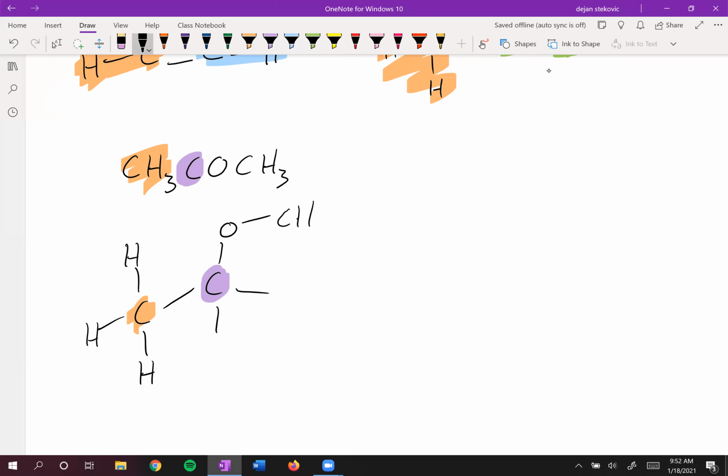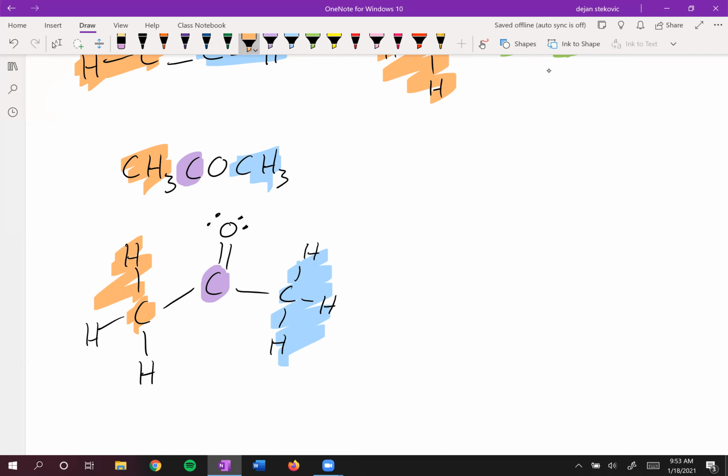But if you try to put this CH3 here, you're not going to have anything to do with these bonds over here. And so we can't actually do that. The CH3 goes over here. And then we see we have this dangling bond over here, no hydrogens. And so we fuse those together to make a double bond. And then, of course, add in the lone pairs for the oxygen, right?